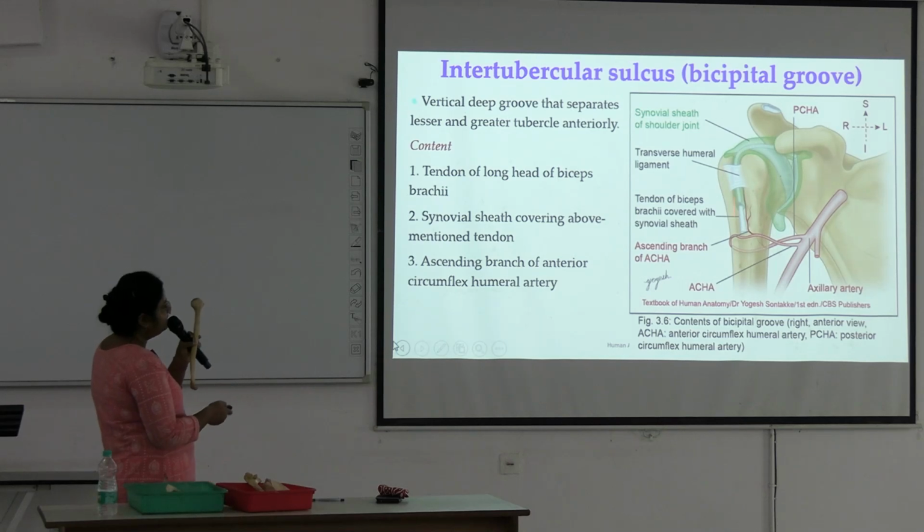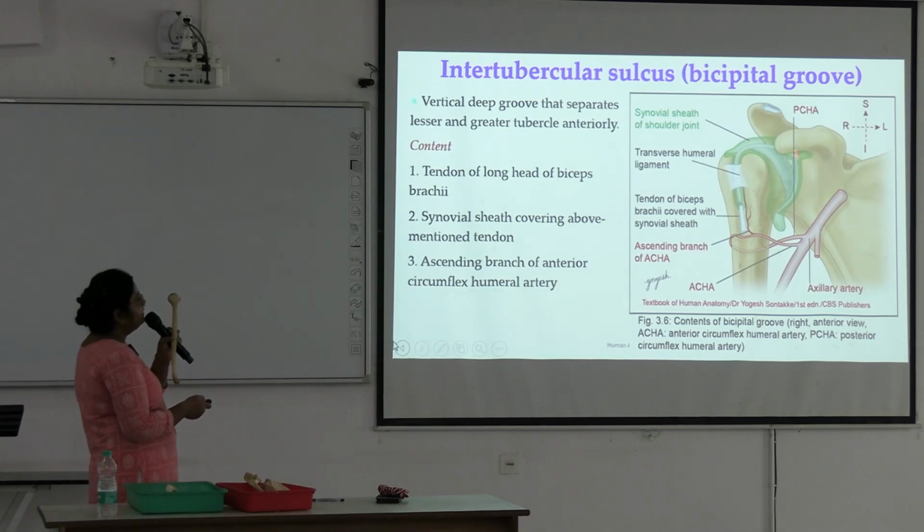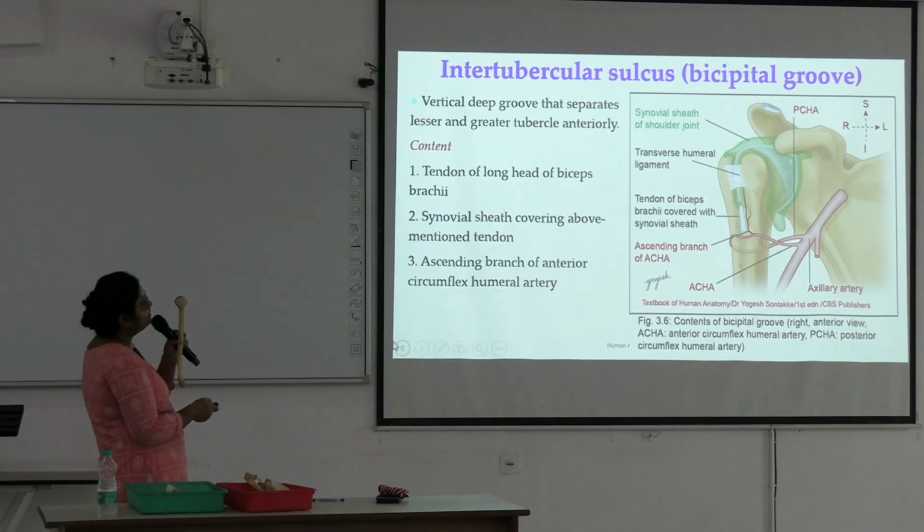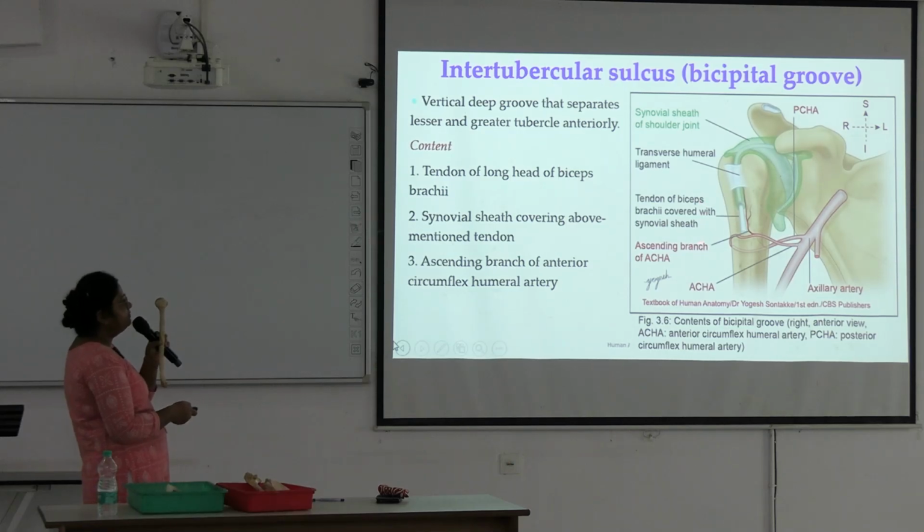See here the contents. This is intertubercular sulcus. Okay, here is the lesser tubercle, here is greater tubercle. This transverse humeral ligament connects the greater and lesser tubercle. See the contents. This is tendon of long head of biceps brachii. Along with the tendon, one pouch of synovial sheath is covering this tendon. The green one is the synovial sheath.